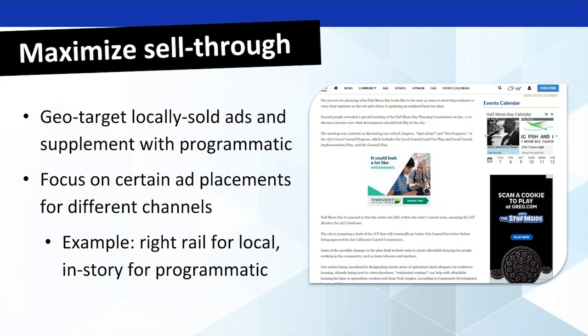And I said, well, yeah, that's true, but not all impressions are equally monetizable. So think about how those ad placements are monetizable and where they belong. Sometimes the way to handle it is to split them up a little bit and focus on these placements for your local ads.